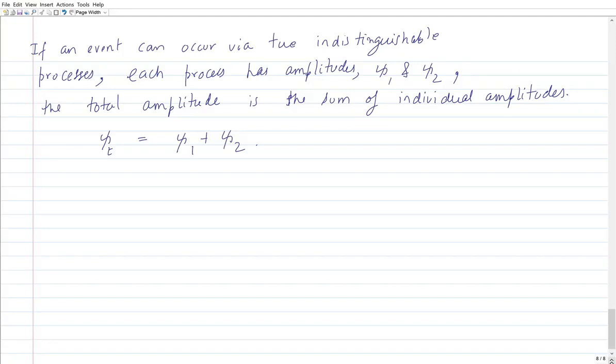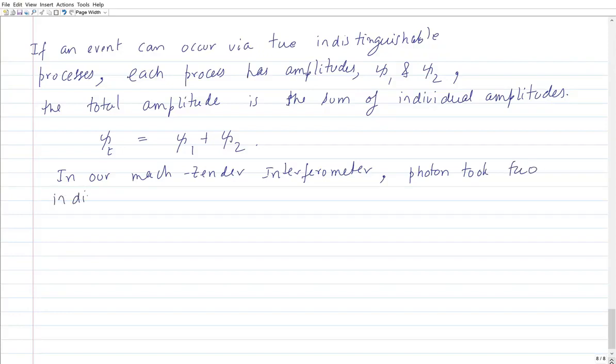So for example, in our Mach Zehnder interferometer, the photon took two indistinguishable paths. We are going to define indistinguishability in a moment, but the photon took two indistinguishable paths.